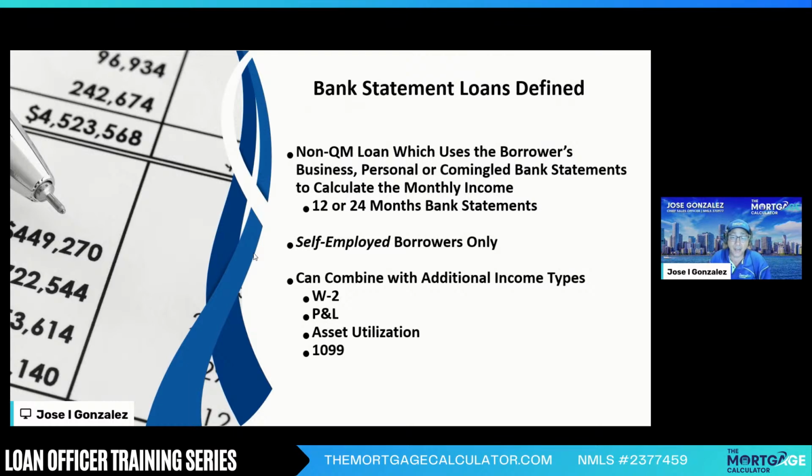So you're going to have the same borrower qualifying with bank statements as the main income, and then add W-2, P&L, asset utilization, or 1099, or even all four if applicable, right? So a lot of options there in non-QM. So don't think this is just for bank statements. This is bank statements plus whatever other income type you can document according to the guidelines.